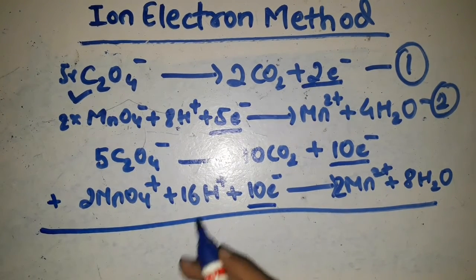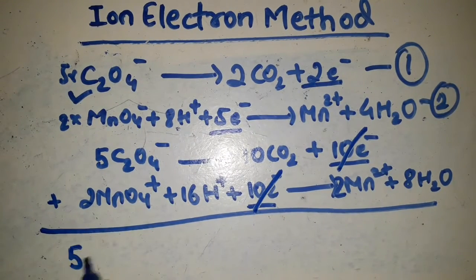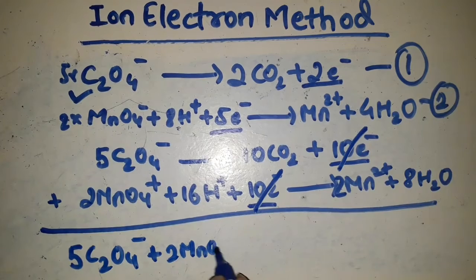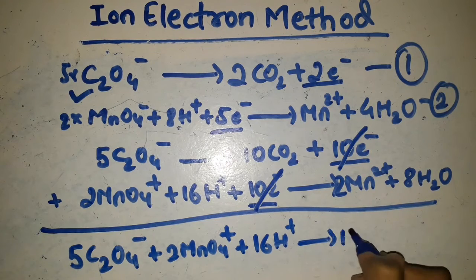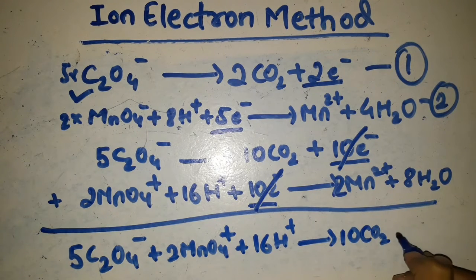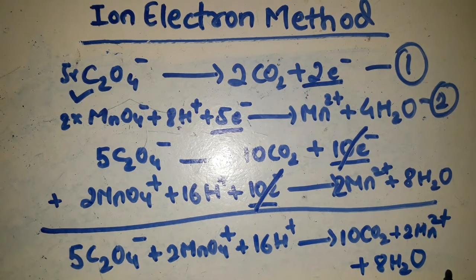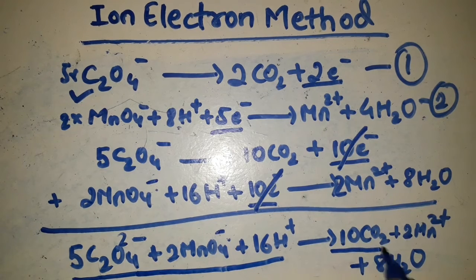So the 10 electrons and 10 electrons get cancelled, and our reaction becomes 5C2O4 2 minus plus 2MnO4 minus plus 16H plus gives 10CO2 plus 2Mn2 plus plus 8H2O.